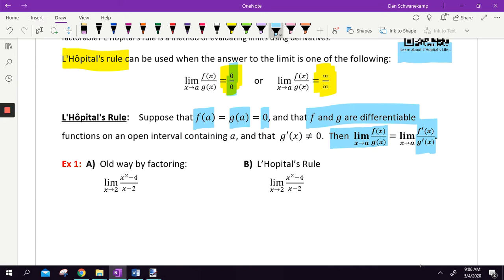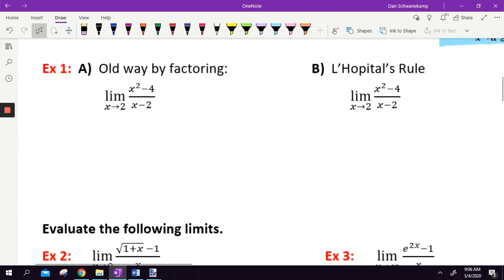So if we got into indeterminate form where we get 0 over 0, if we take the derivative of the top and bottom, it will tell me what the actual answer is. It's a little bit funky. It's just a matter of understanding what's going on.